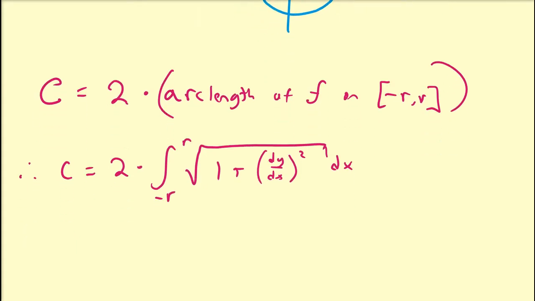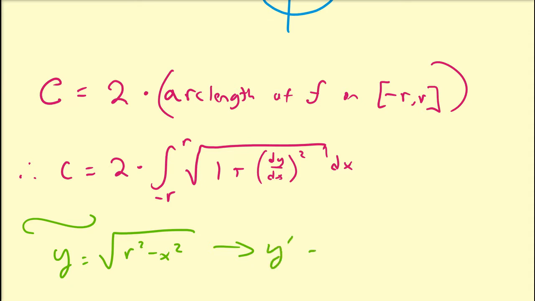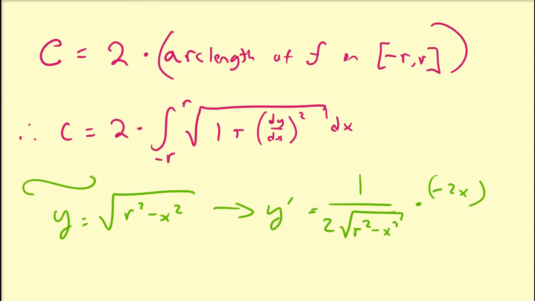Alright, so let's find the derivative of that first. If y is equal to the square root of r squared minus x squared, what is the derivative of that? The derivative of the square root by the power rule is going to be 1 divided by 2 times the square root of r squared minus x squared. And then we're going to multiply by the derivative of the inside by the chain rule, and that's going to give us minus 2x.